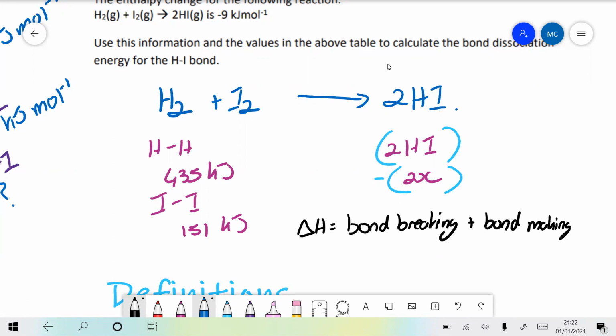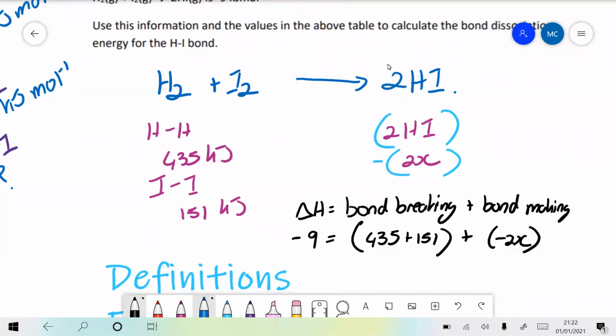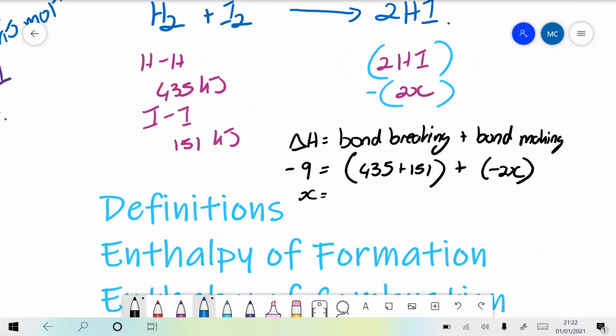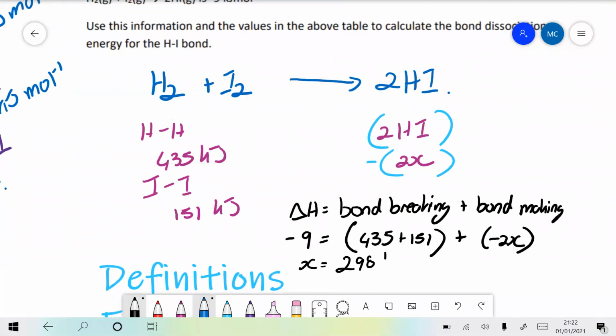Here we have minus 9 is equal to 435 plus 151 plus minus 2x, okay, which we can work out, make the x the subject of the formula, where x is equal to 298 kilojoules per mole of HI bonds.